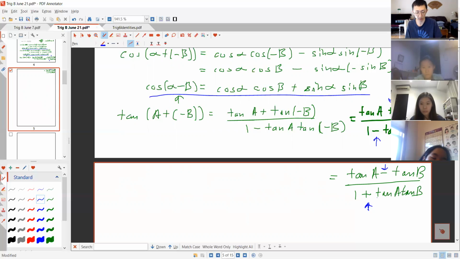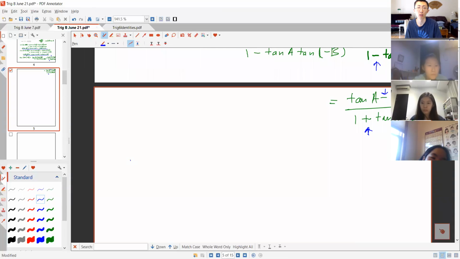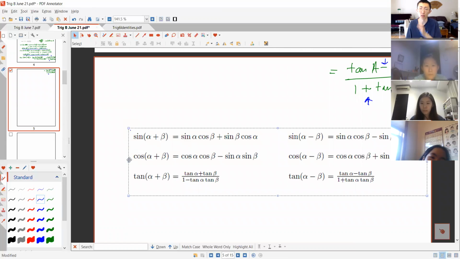So yeah, these are all six addition and subtraction formulas. I recommend just memorizing the addition formulas, and then the subtraction ones are easy. You can get them easily from the addition ones.